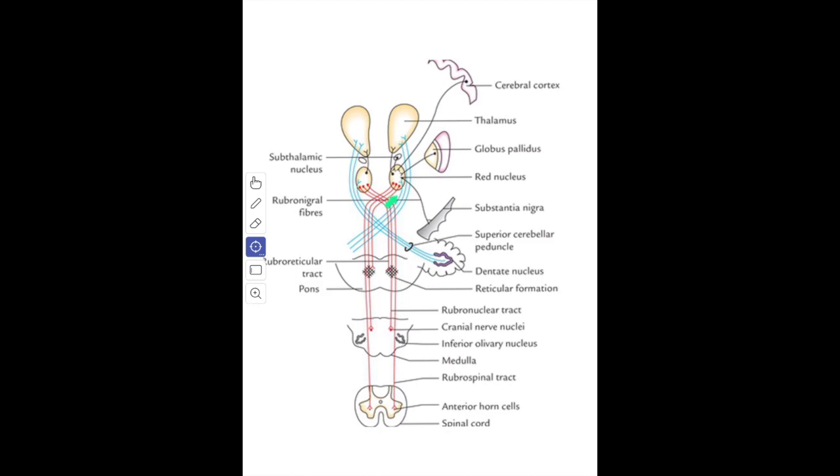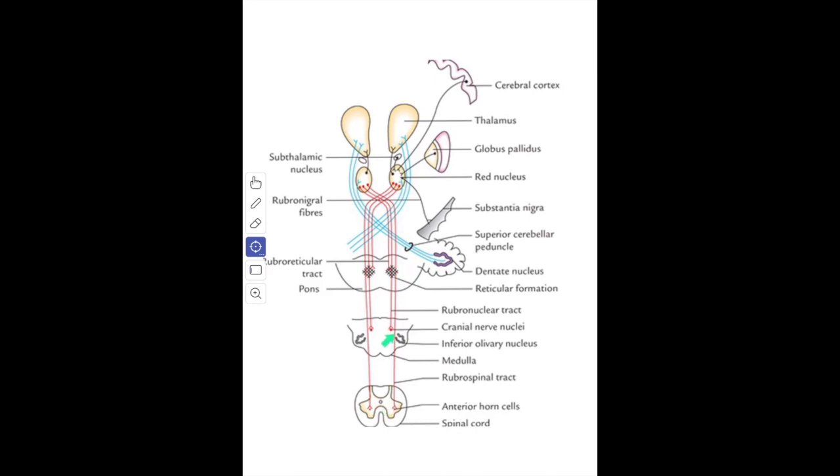So these fibers arise from the red nucleus. Before forming these tracts, they decussate in the ventral tegmental decussation of Forel, and the fibers of the rubrospinal tract end in the anterior horn cells of the opposite side.